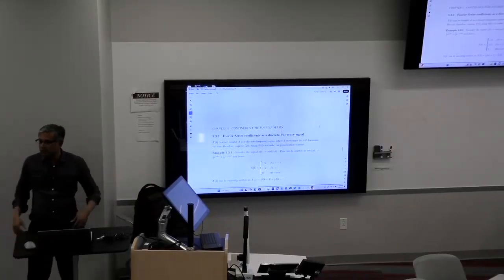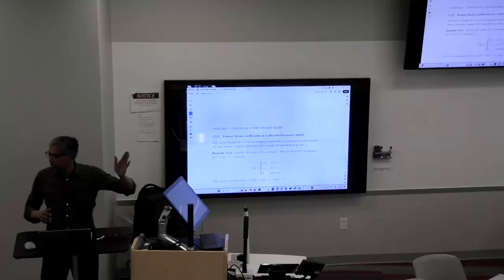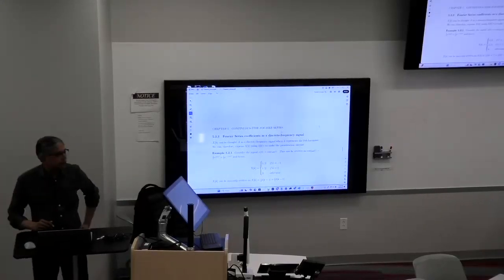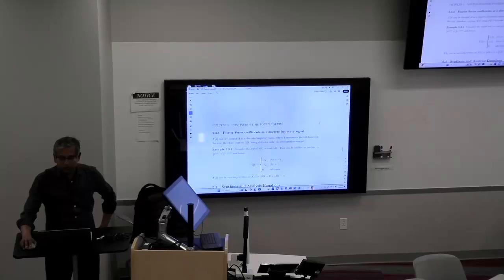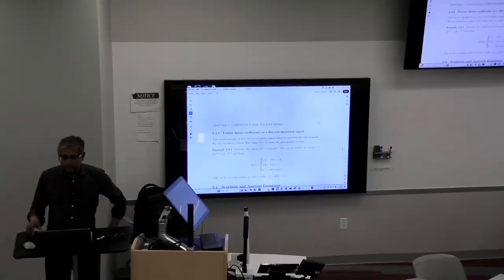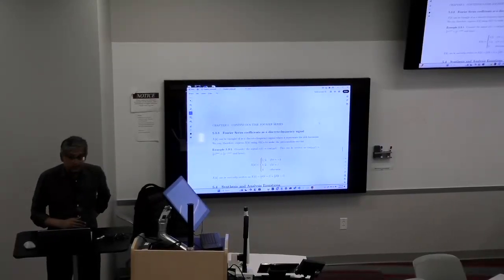I can drop the omega naught and pretend this is defined on integer values of frequencies. So when we write the Fourier series coefficients, we can write it like how you would write a discrete time signal in terms of delta functions. I can use delta functions with k as the independent variable to write the Fourier series coefficient, right? So we'll take a quick example.